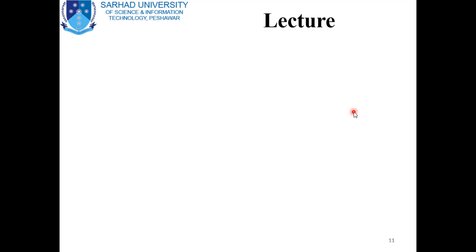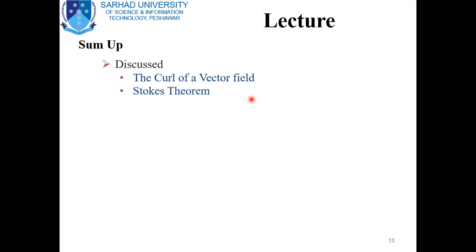So let's summarize this lecture. In this lecture we have discussed the curl of a vector field, and we have also discussed the cause of a curl of a vector field, which is a source, and that source is called a vortex source. After discussing the curl of a vector field, we have also discussed Stokes theorem, a theorem which converts a surface integral into a line integral or vice versa.